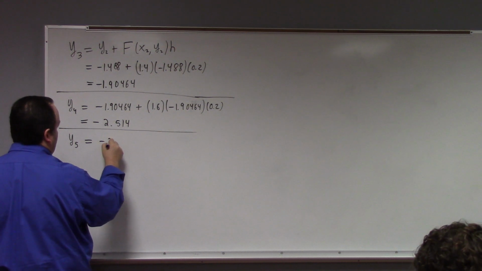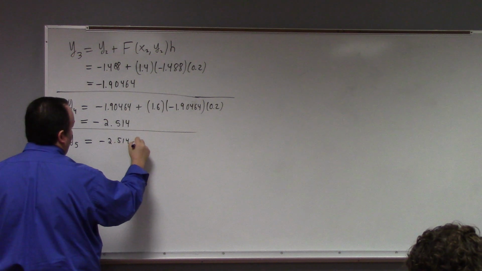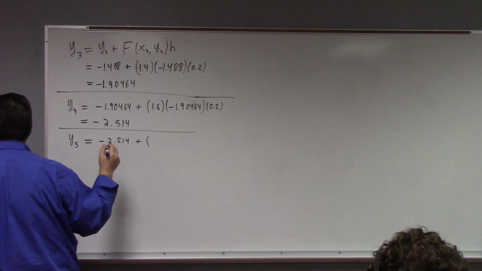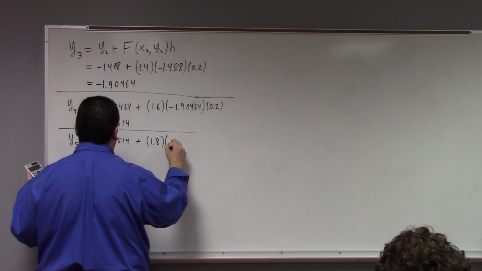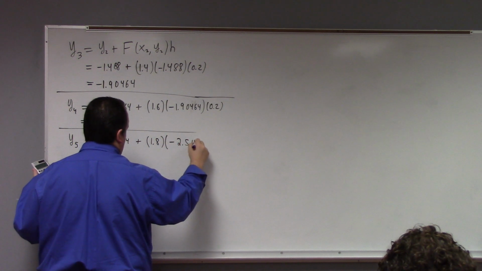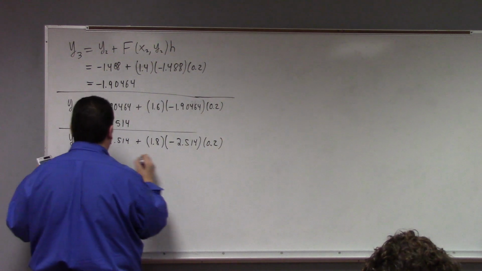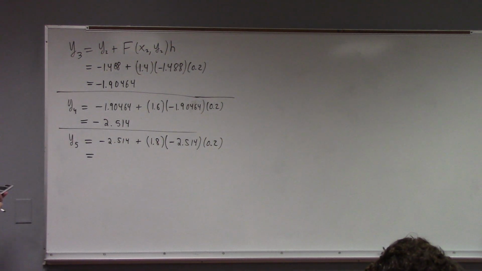So let's see here. Then minus 2.514 plus my x4, which was 1.8, times my previous y, which was minus 2.514, times my step size, which is 0.2. And what's that give me?